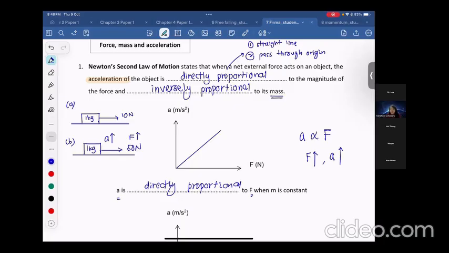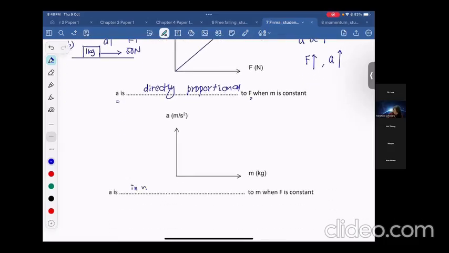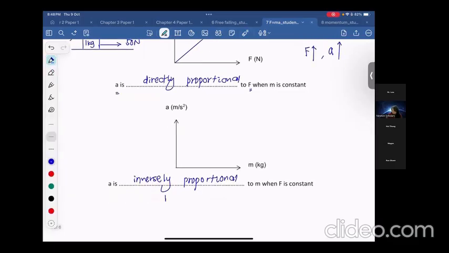Okay, I'm going to show you. Done writing? Okay, here I write down inversely proportional. Inversely proportional means that when your mass increases, your acceleration will decrease.